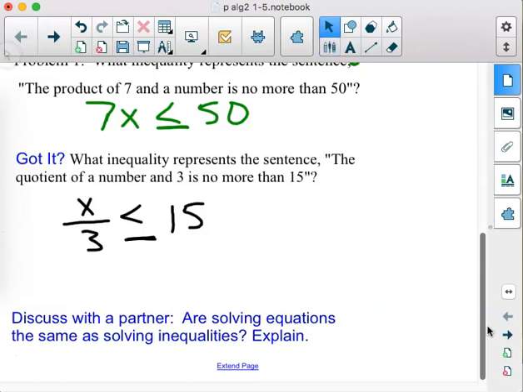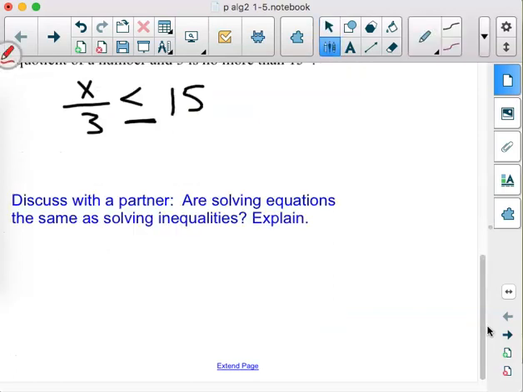Now, I can't have you do the partner thing, we all know that, but in the past, when you have solved equations, is it exactly the same as solving inequalities? We'll just talk together as a class here. So if I solve this and this, are the steps exactly the same as they would be if it were an equation?